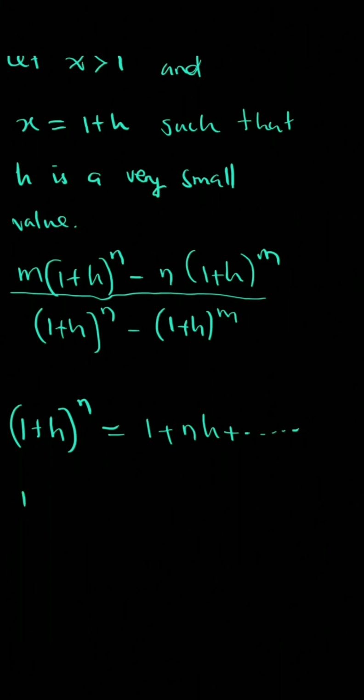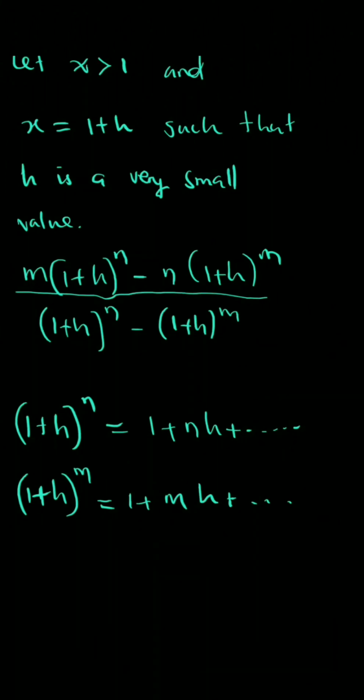This can be expanded until forever. Then the same applies with the power being m. This will be the same as saying 1 plus mh, then plus other terms that keep on going. So that's what we get for these two.